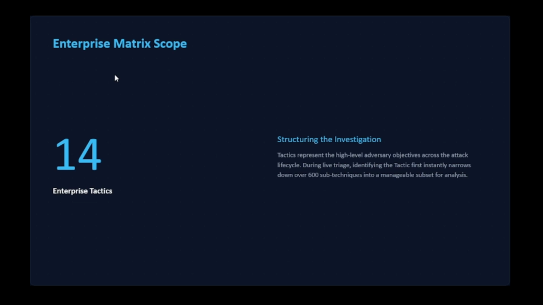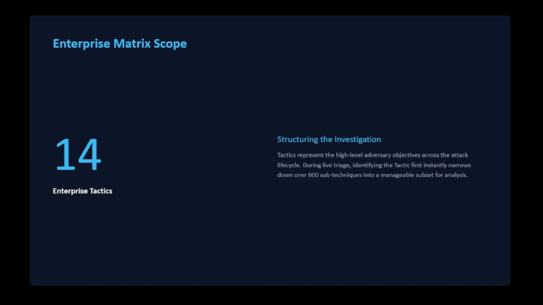Now, in the matrix of attacks under the enterprise scope, there's 14 different enterprise attack tactics. These tactics represent a high level look at what an adversary's objectives would be throughout the attack lifecycle.